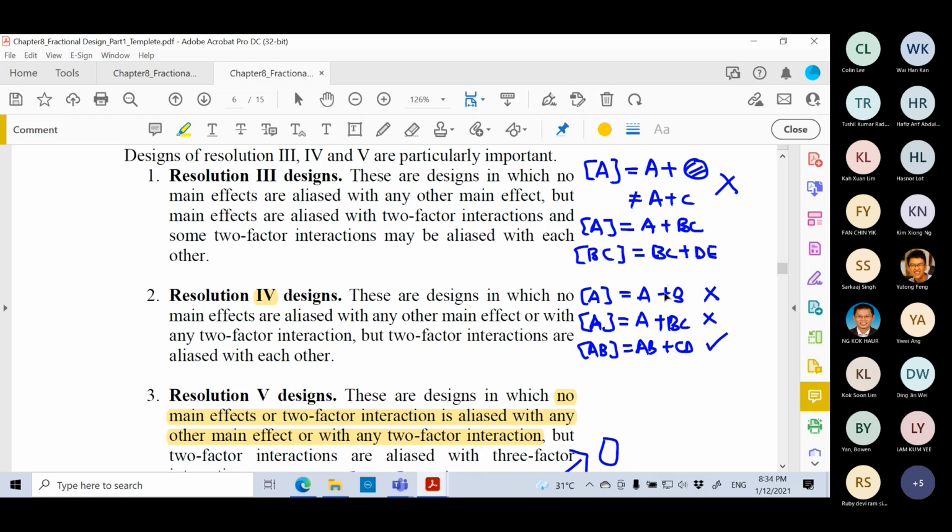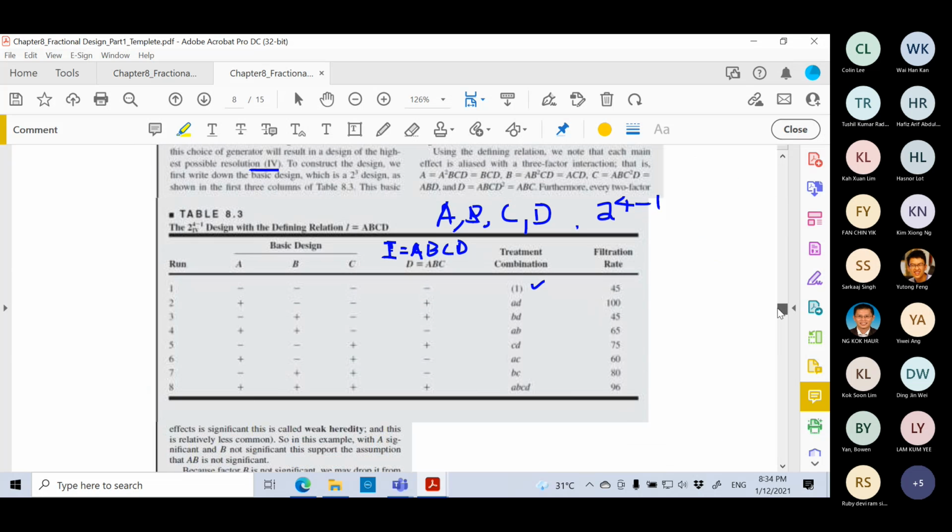For example, AB and CD will be aliased to each other. The main effects will be aliased with the three-factor interactions.